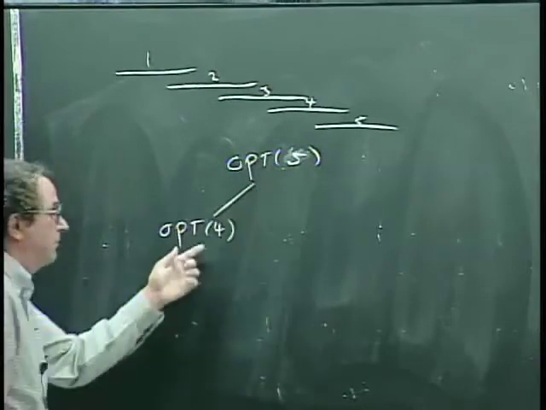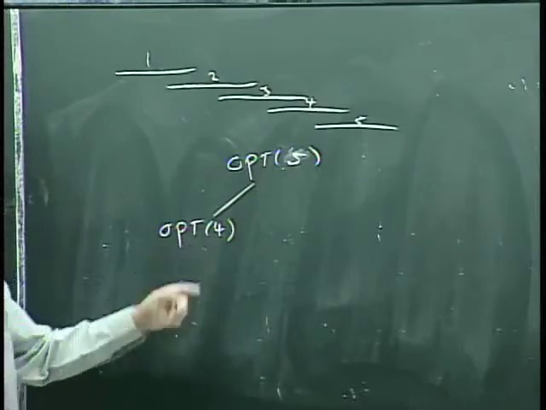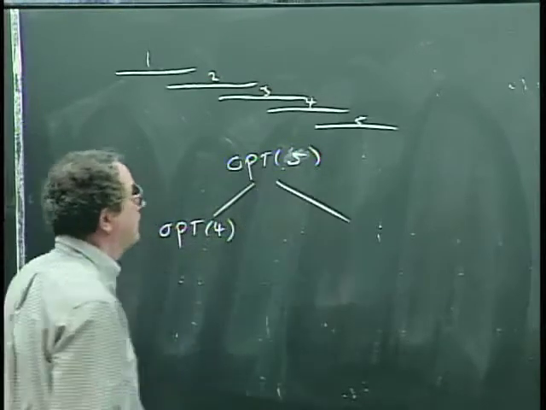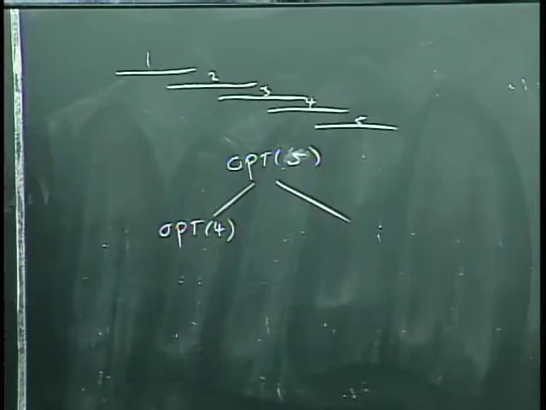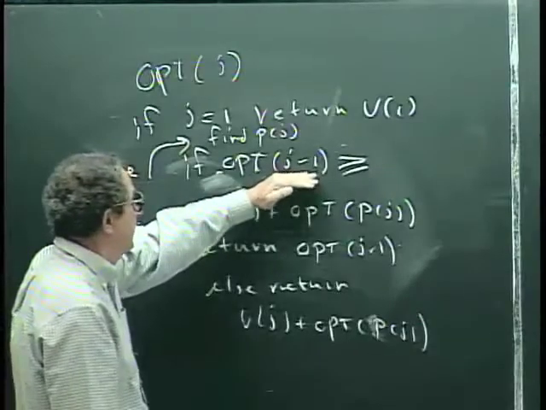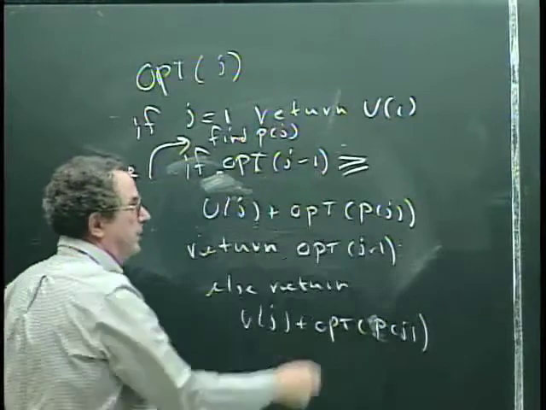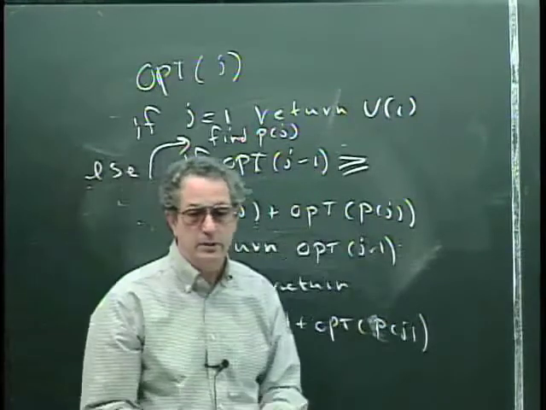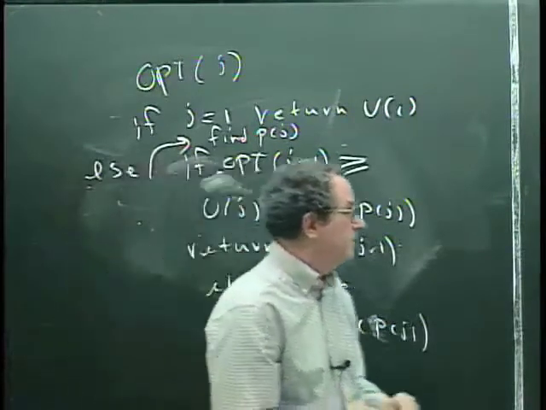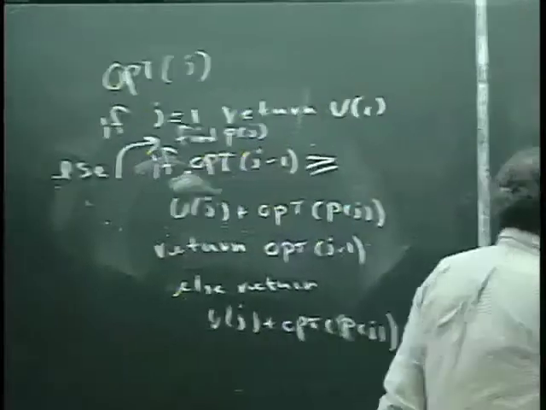That's the opt of j minus 1 call. And it'll also call what? Here we need vj plus opt of pj. What's pj in this case? 3. So this would call opt of 3.